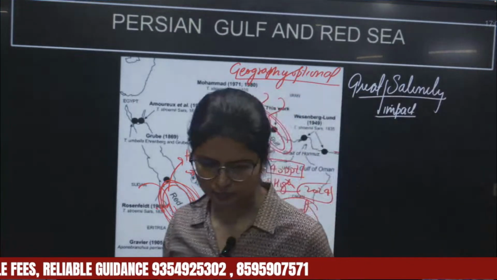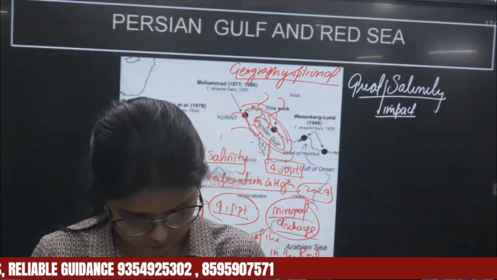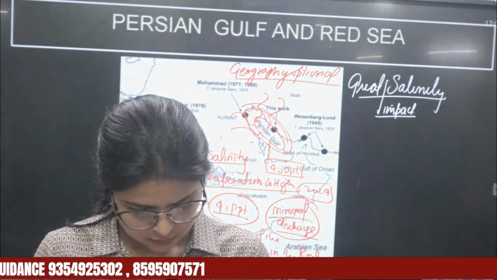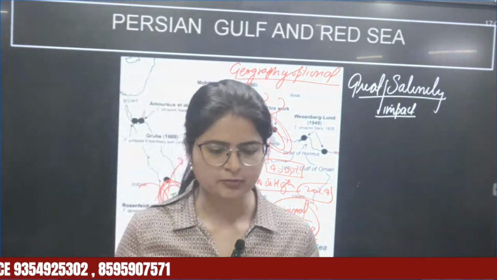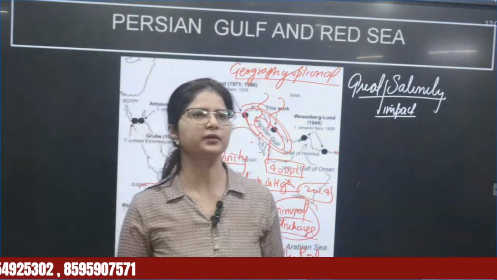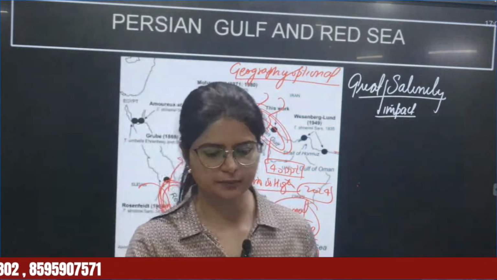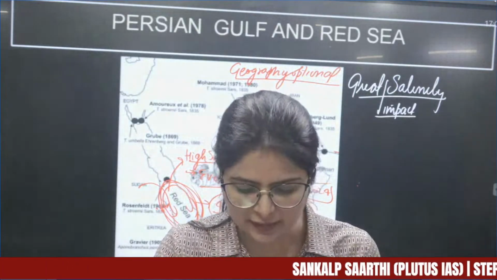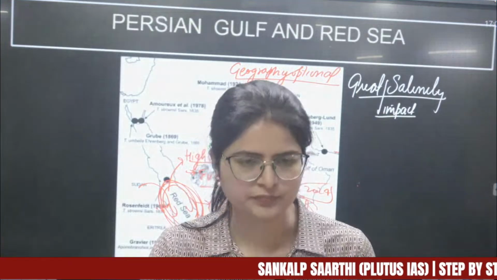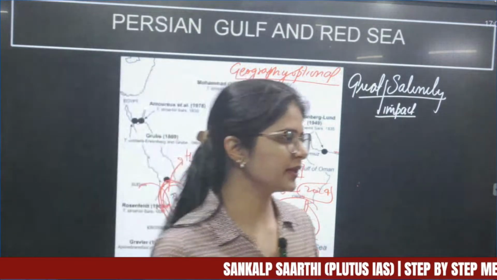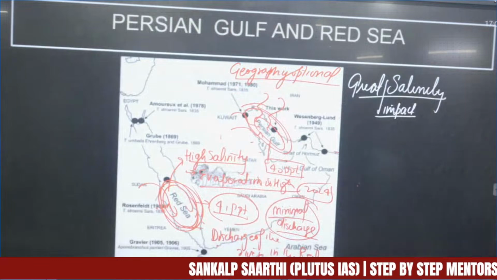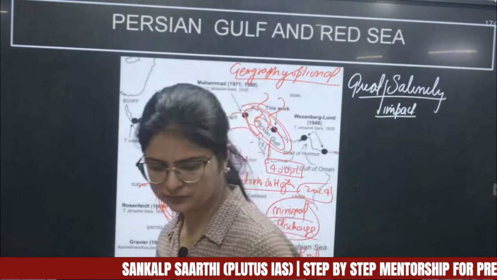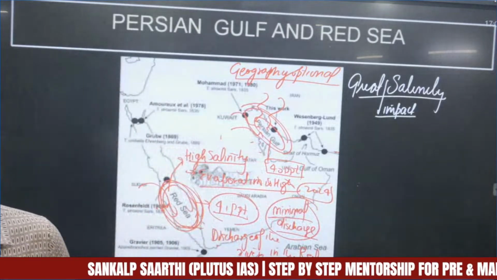Write down. Subtropical high pressure belts experiencing anticyclonic conditions will have higher salinity.